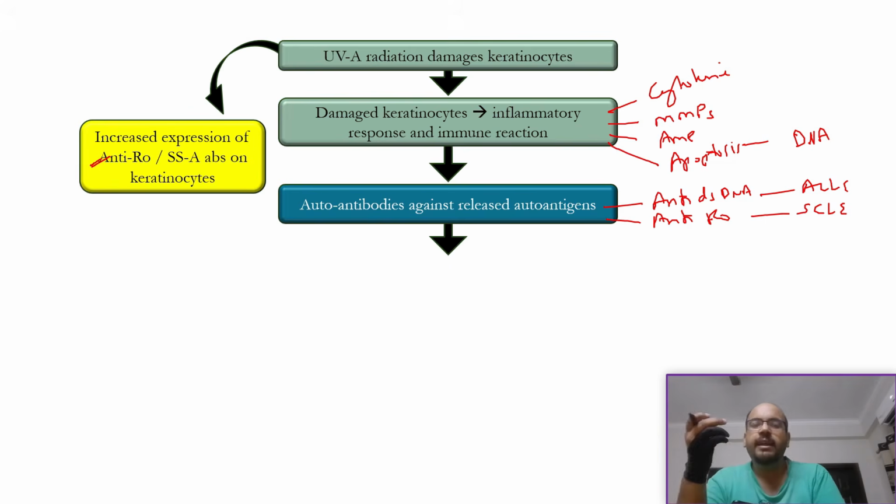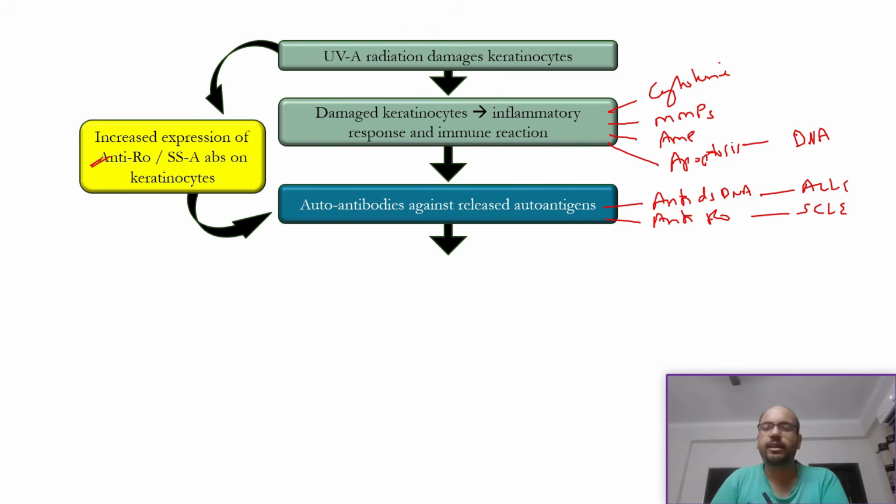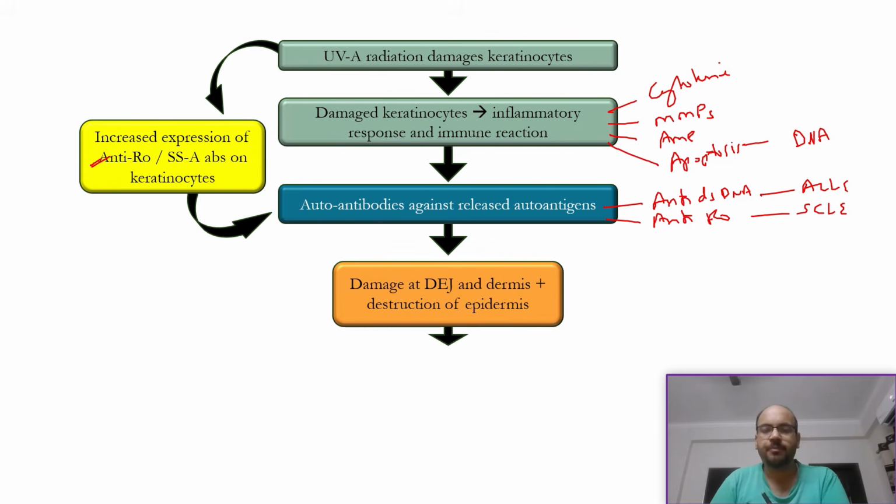Under UV radiation, the Ro and SSA antigens are exposed on the cell surface, and they will be recognized by the Langerhans cells and immune cells, which activate the innate and adaptive immune system to start forming autoantibodies. So this also additionally leads to anti-Ro and SSA antibodies.